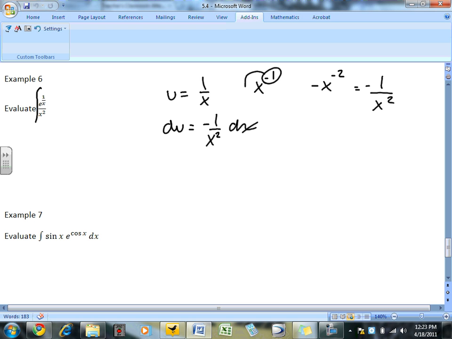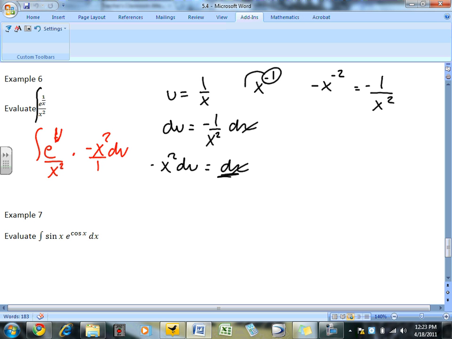And again, let's solve for dx. Let's multiply by an x squared. So negative x squared du equals dx. That's what dx equals, negative x squared du. Let's plug that in. So I have the integral of e to the u, I guess we made that substitution, divided by x squared times a negative x squared du.